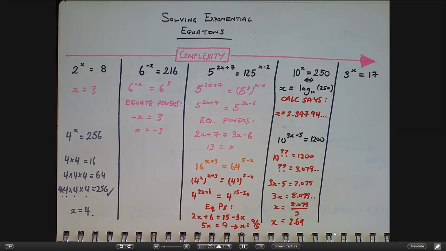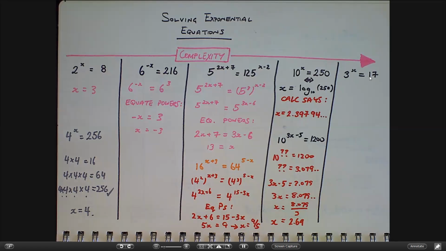It turns out we're going to be able to use the 10 idea, though. We're just going to have to extend it a little bit. And the trick here is we're going to write both the 3 and the 17 as powers of 10.